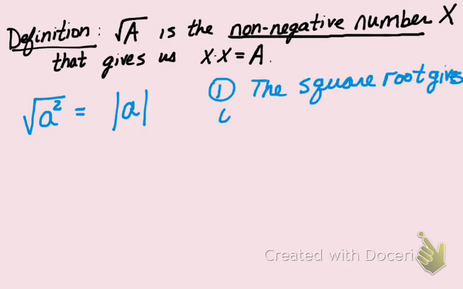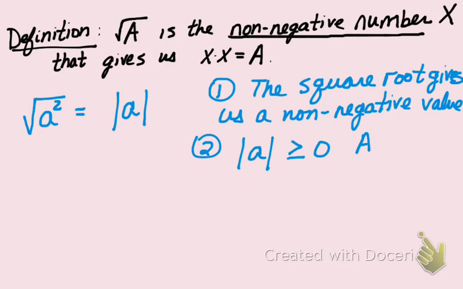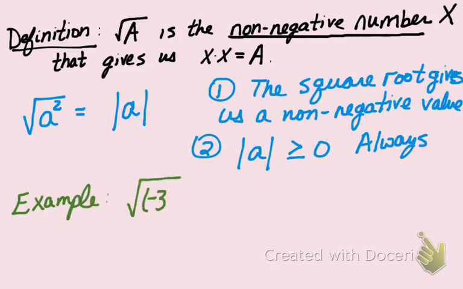The key information here is that the square root gives us a non-negative value, and absolute values are always non-negative. So for example, if I want to take the square root of -3 squared, this rule that the square root of a squared equals the absolute value of a tells me that the answer is the absolute value of -3, and that equals 3.